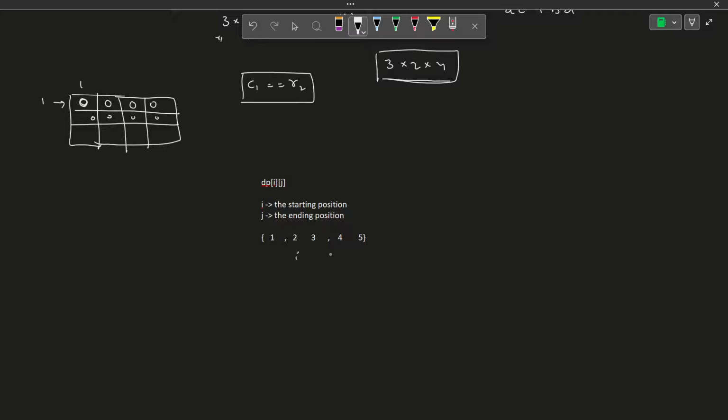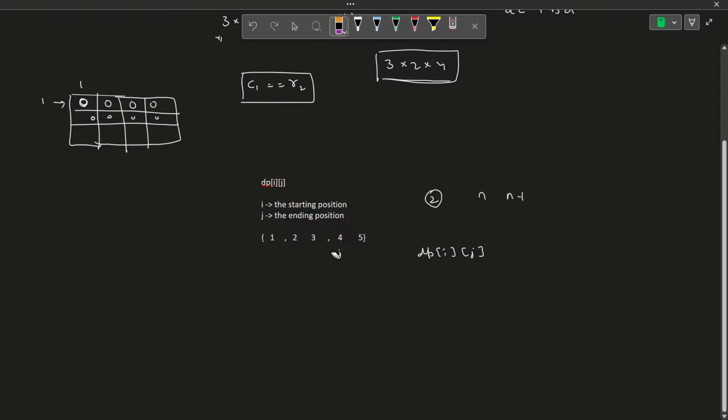Let's say I write i here and j here. My dp of ij is going to find me the best answer for this particular range. There are 3 elements in this range and hence the total number of matrices will be 2. I discussed this earlier: if there are n elements, the total number of matrices will be n minus 1, right? So for these 2 matrices, the best answer is going to be stored in my dp of ij. So we have figured out the purpose of dp of ij.